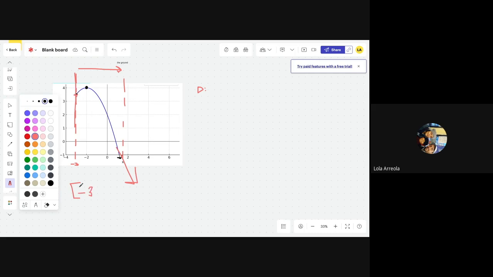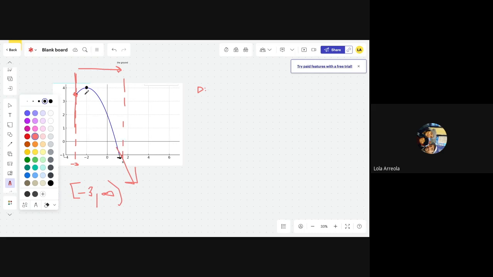That's why I'm writing bracket. Closed dot means I have a point that is inclusive. Bracket, -3. Where does it stop? I don't know because I have an arrow. I can't really stop it with a line. So that means it's going towards positive infinity. Whenever I write infinity, I write parentheses. So that would be my domain.